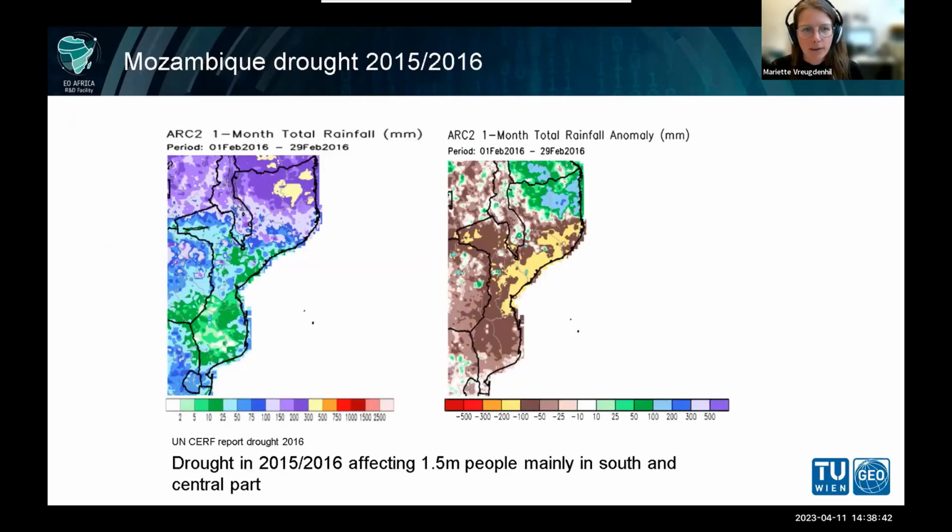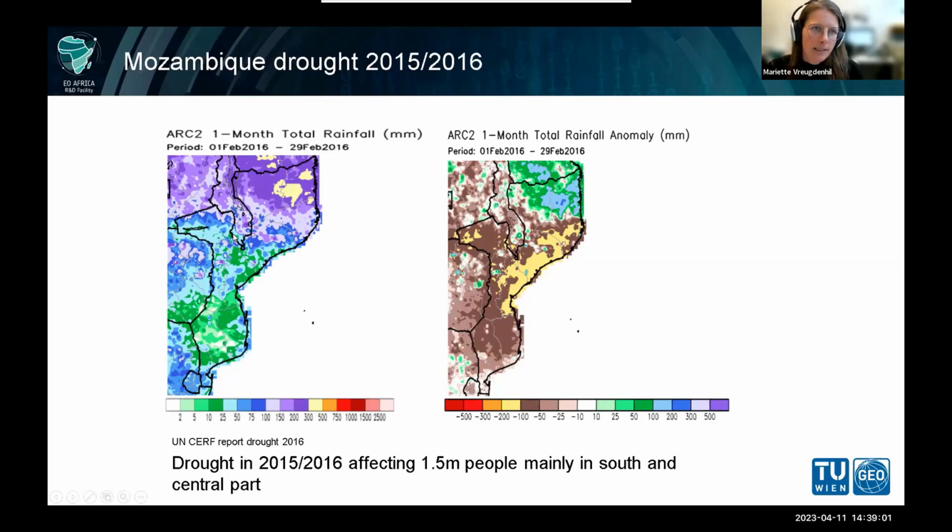And we're going to now look at the drought in Mozambique in the period 2015-2016. This drought affected 1.5 million people, mainly in the south and the central part. So we're looking here at precipitation from the UN drought report 2016.